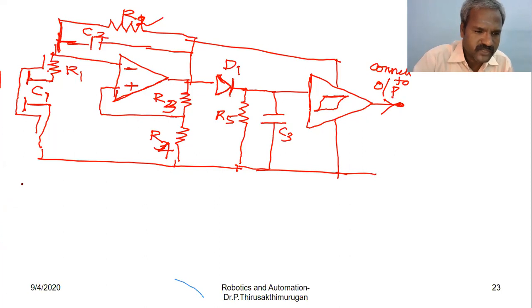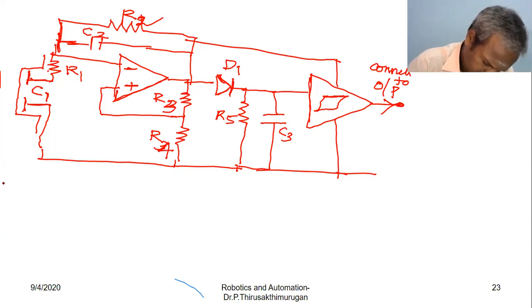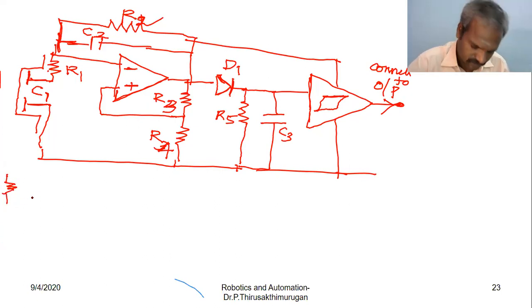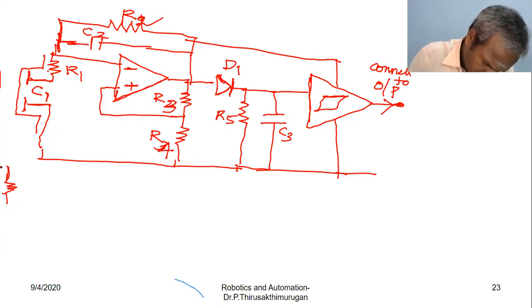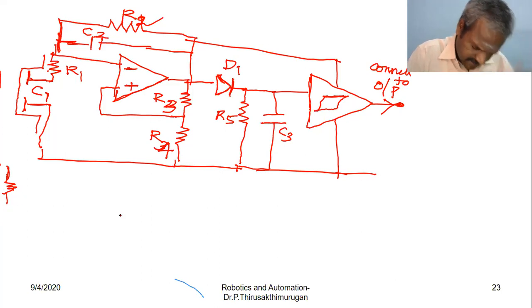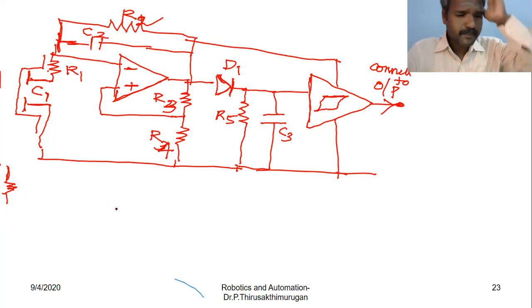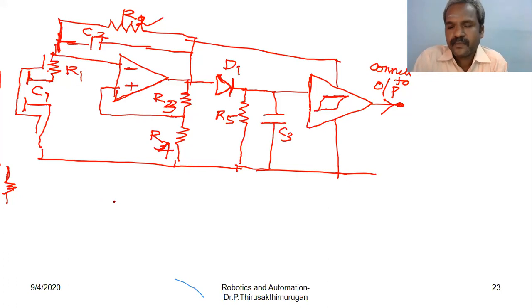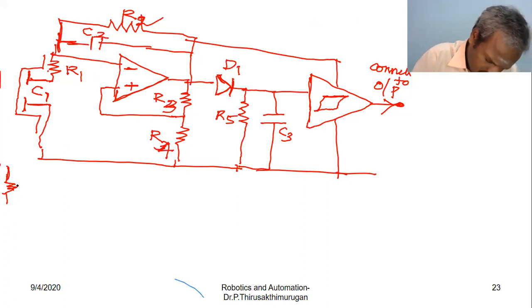It is very simple. Here we use an NPN transistor. NPN is sourcing. You know the principle of NPN and PNP transistor working. If not, let me explain that also. You can easily understand.